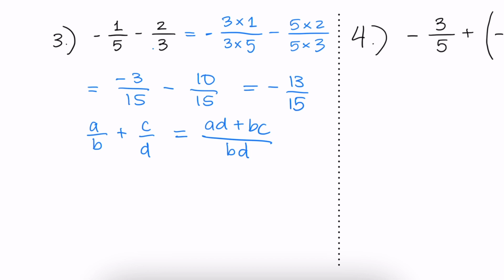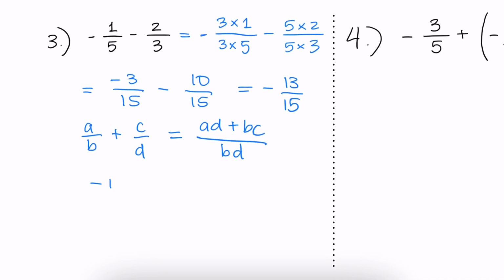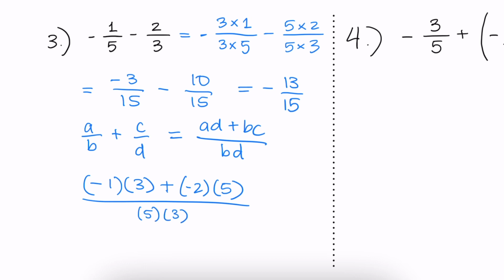So if we use this formula with this fraction right here, then, well, this is negative 1, so negative 1 times 3 plus b times c, so 5 times 2, and 2 is negative, so negative times 5, all over b times d, which is just 5 times 3, and if you simplify this, you'll get negative 13 over 15, which is the same answer.